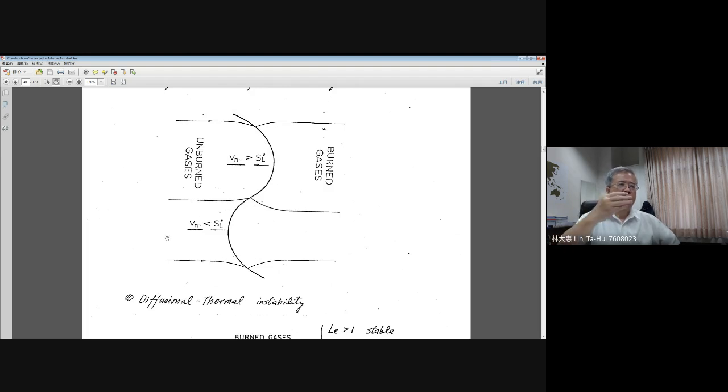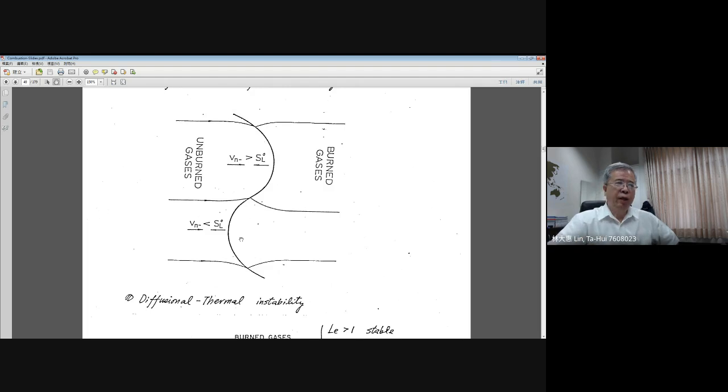So you can see, for the upper part and the lower part, the curvature of your upper flame or lower flame will be enhanced when you start from a disturbance from outside, and this disturbance will enlarge again and again. Okay, and it has no chance to go back to your original flat flame.